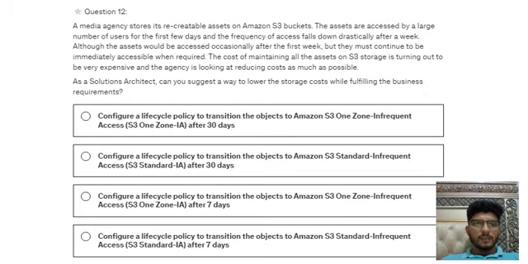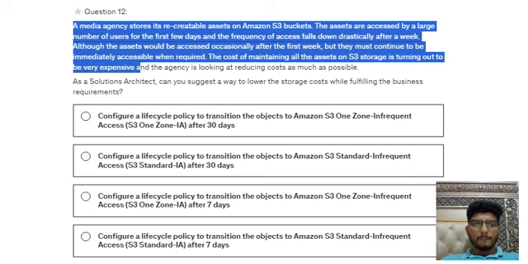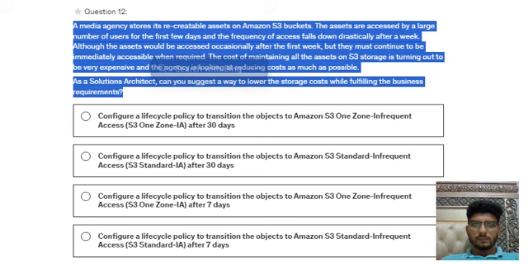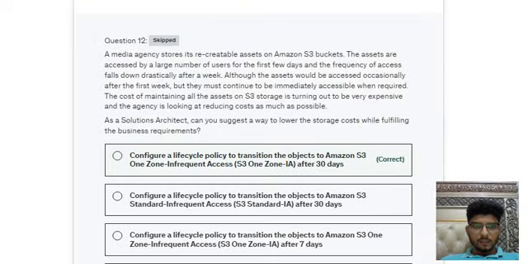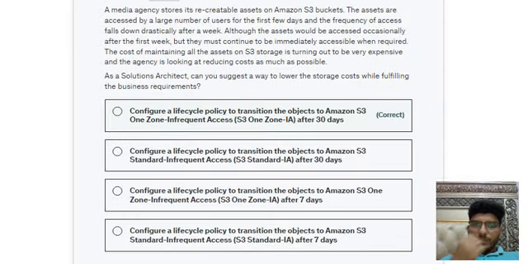The next question is that the right answer is: configure the lifecycle policy to transition the object to Amazon S3 One Zone Infrequent Access (S3 One Zone-IA) after 30 days.